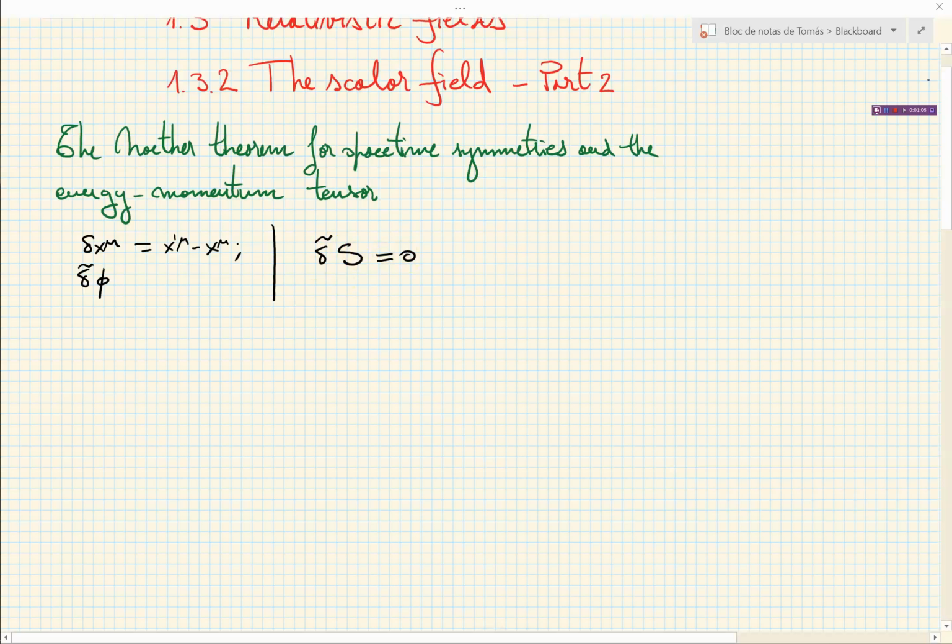Okay, so we are considering only actions of the form integral d^4x L. And this variation, now, since it acts on the x's, we'll have a term like this, plus a term like this.